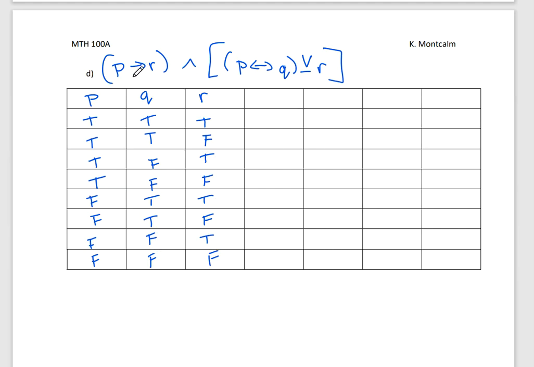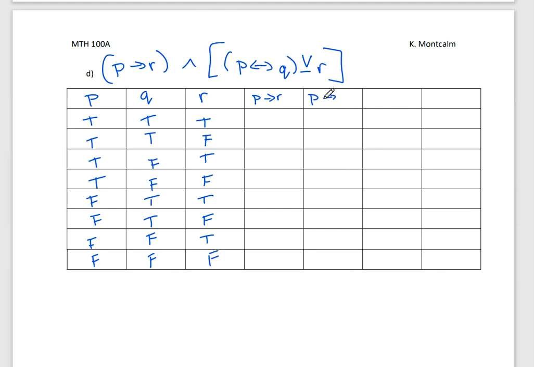So I'm going to start on the left and work my way forward, as well as doing any inner brackets first. The very first bracket I have here is P implies R, so I can get that one out of the way. I can't do this "and" until I know what this compound statement is going to be, and I can't do this exclusively or until I know what this inner bracket is going to be.